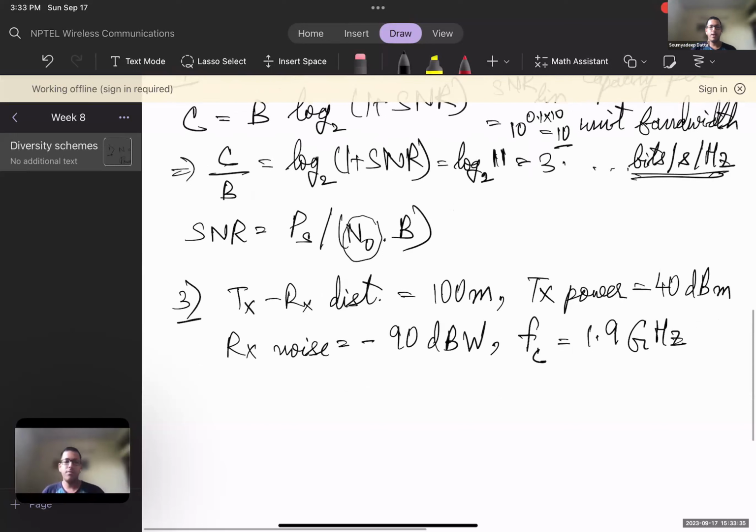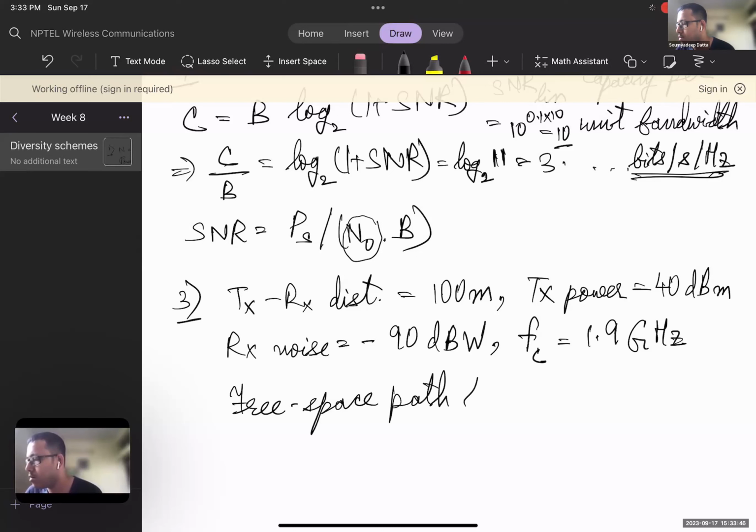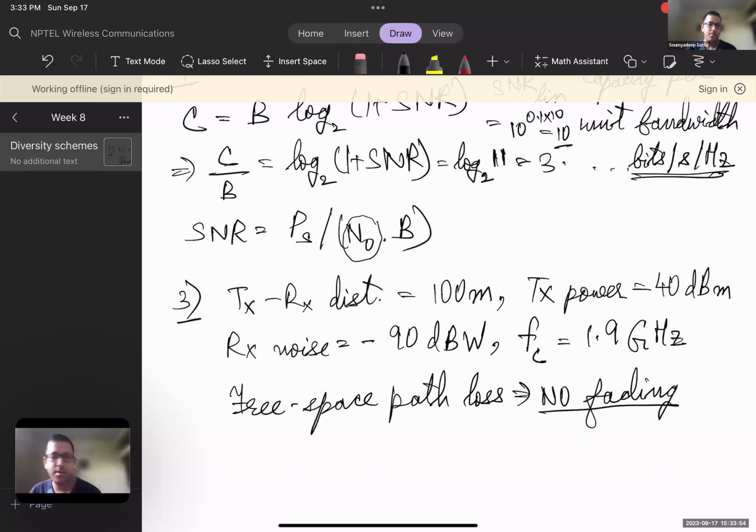You are told all of these values, and you are also told that this is a free space path loss channel, so there is no fading. Free space path loss, which implies, this is something we know, there is no fading. It's just path loss, no fading, right?